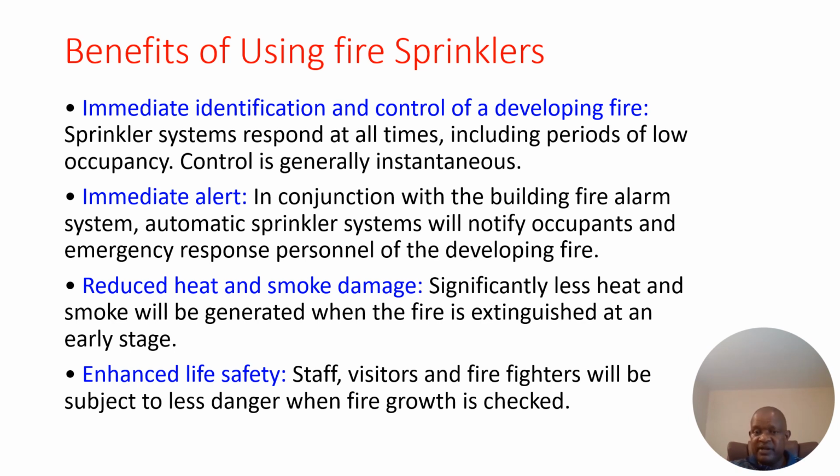So the benefits of using these sprinklers is that they have an immediate identification and control of a developing fire. They provide immediate alert. They reduce the heat and the smoke damage, and also enhance life safety, because once the temperature is above the set or predetermined temperature, the sprinklers will automatically release contents, which is water, and extinguish the fire.